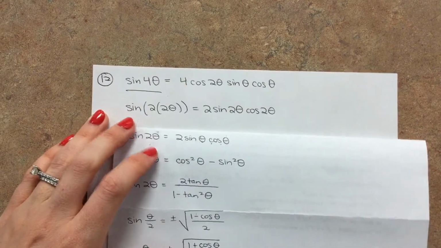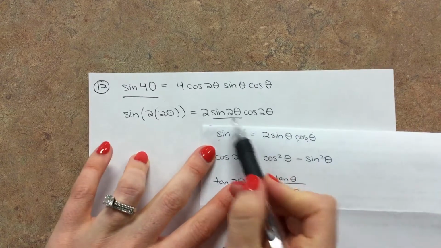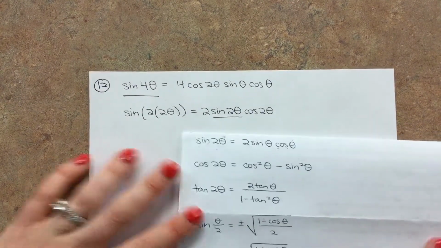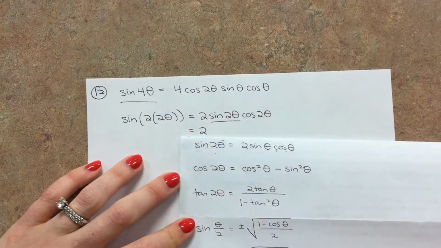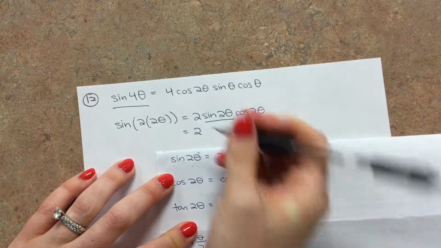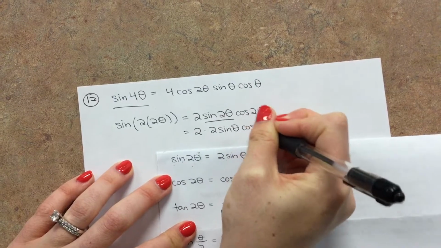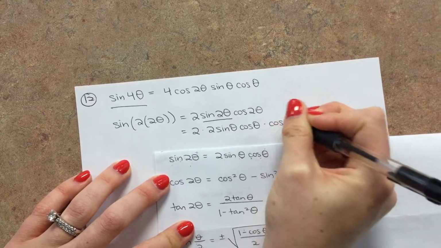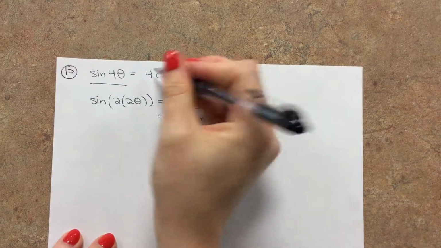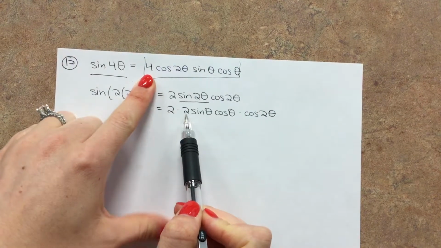Okay, and then the only other thing that I did is I took this, and you'll see that this is exactly what I have here, sine of 2 theta, so I'm just going to replace it with this. So I have the 2 that was already there, and then the sine of 2 theta, I'm going to replace it with this. So times 2 times sine times cosine. And then I'm just going to leave the cosine of 2 theta exactly the way it is. So you can actually see, here's the right-hand side. You can see all the pieces. The 2 times 2 is what gives us the 4.